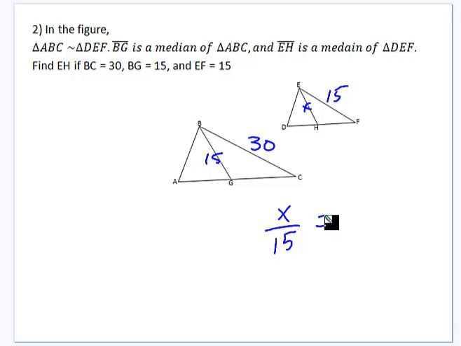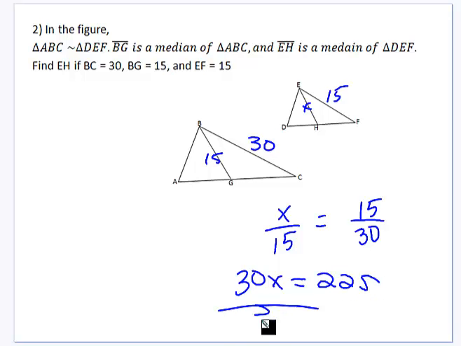X over 15 equals what? What did you say over 30? 15 over 30, yep. Okay, so how am I going to solve this? So 30x is equal to, good, 225. 7.5.